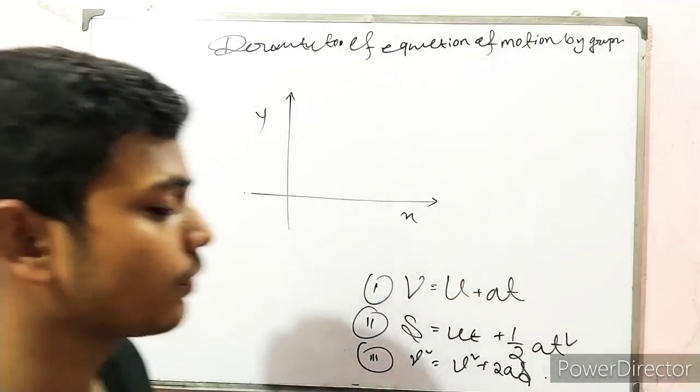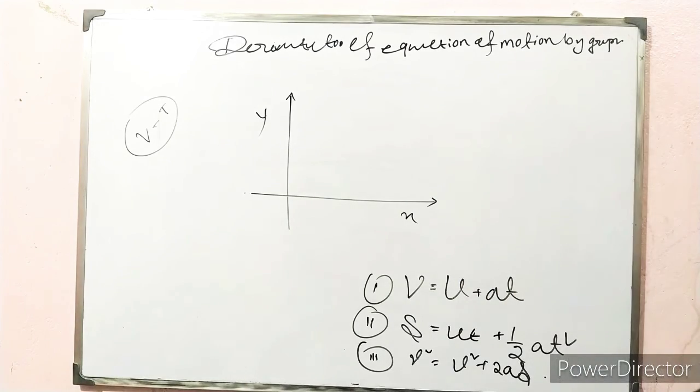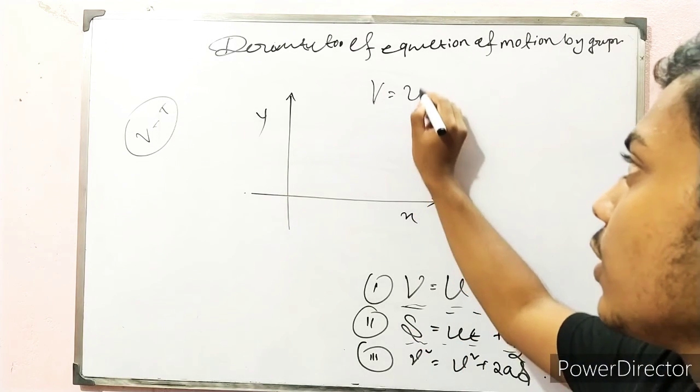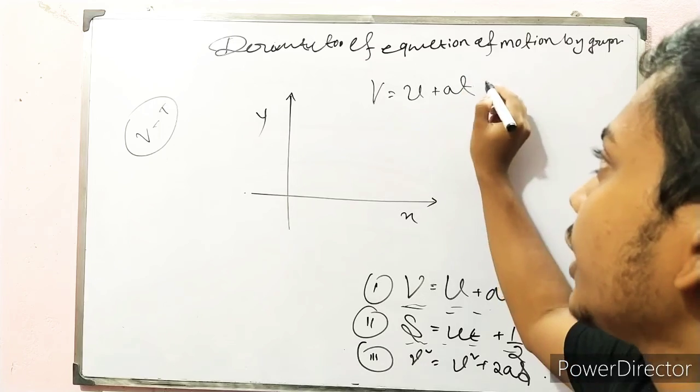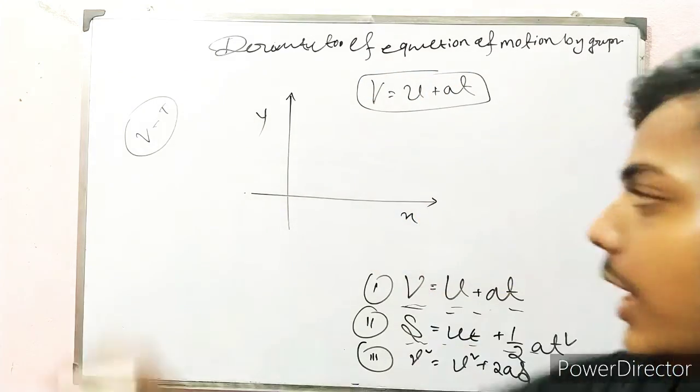These are the three equations of motion that we can read in class 9, class 11, in the chapter of kinematics, in the chapter of motion and rest. So now at first we will prove, in this video, v = u + at, the first equation of motion.